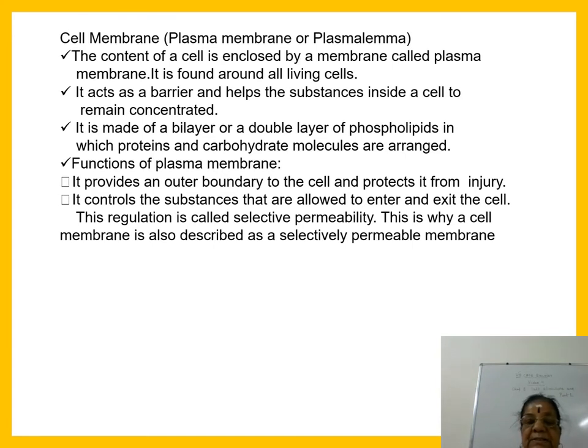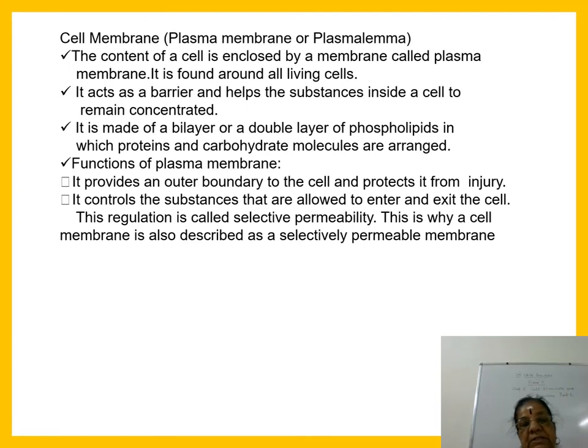Phospholipid means phosphorus and lipid layer, in which protein and carbohydrate molecules are arranged. So this cell membrane is made up of a bilayer of phospholipid in which protein and carbohydrate molecules are arranged.